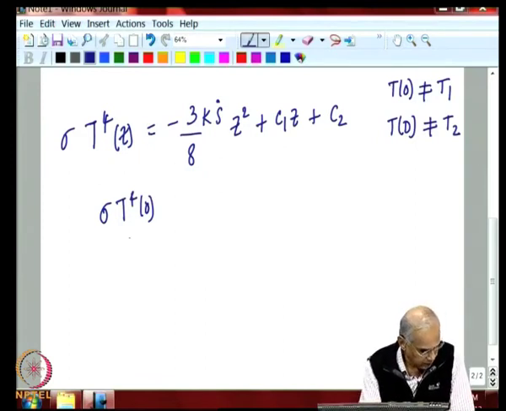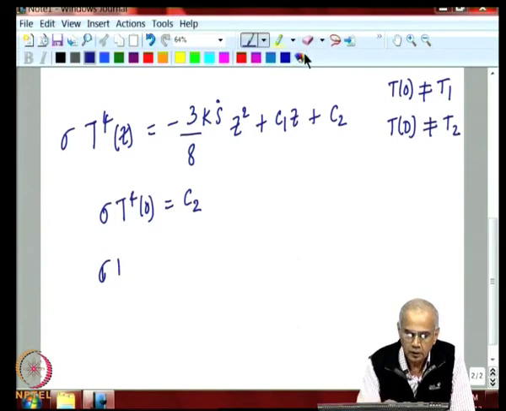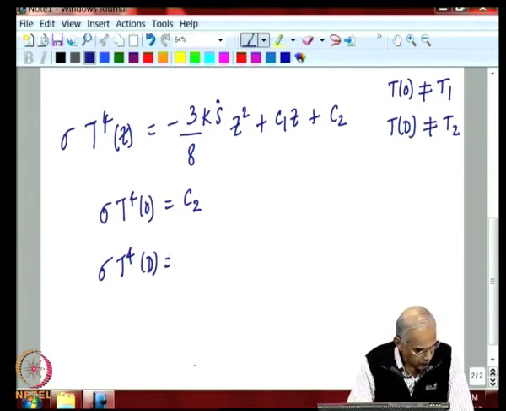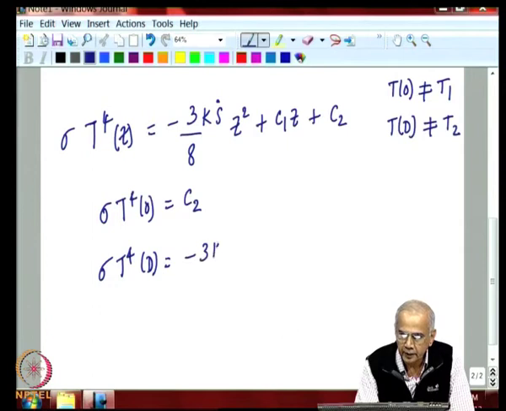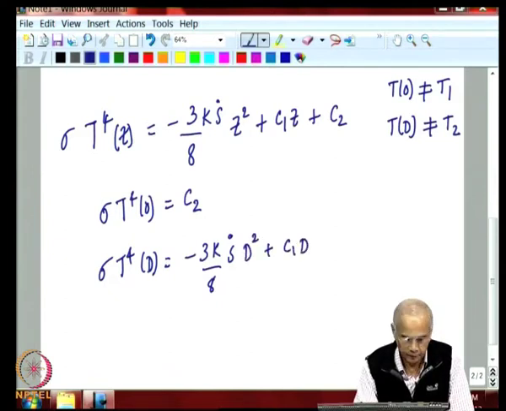So, when you look at the value of this at z equals 0, this is equal to C2, but it is not equal to T1 to the power of 4. Okay. And then you ask what is the value of sigma T to the power of 4 at the top surface, where the spacing was d, you recall, and this will come out as minus 3 by 8K S dot d squared plus C1 d plus C2.